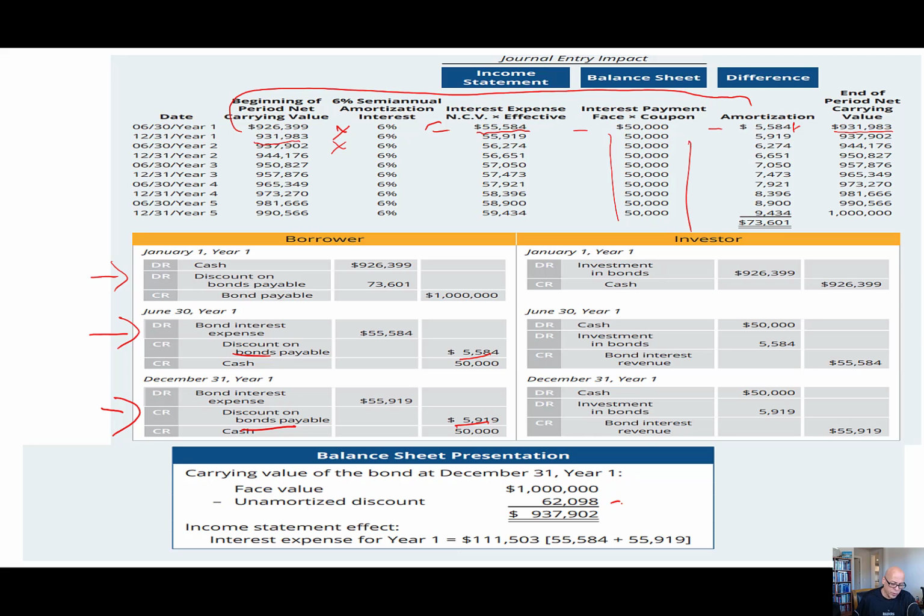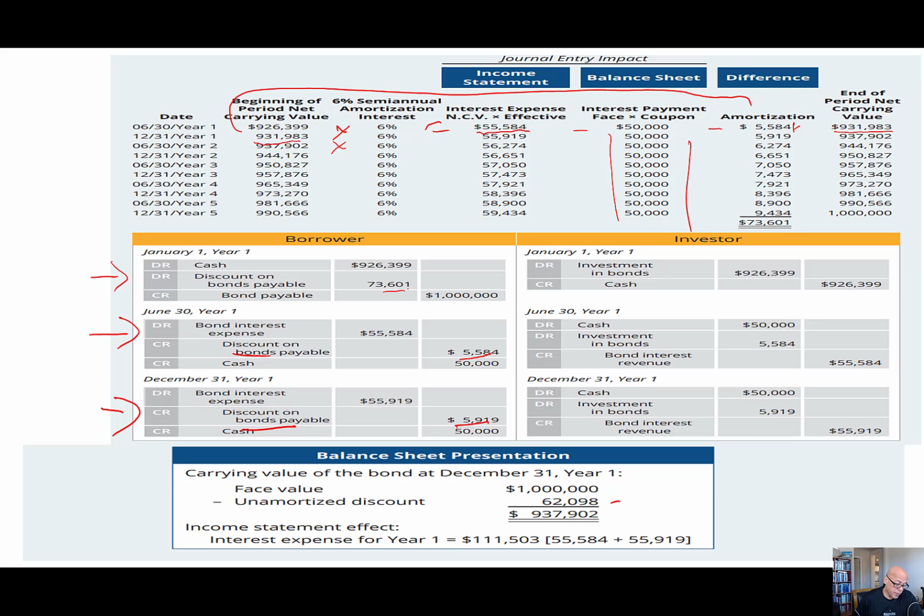Of course, it started out at that 73,600. Here they're calling it 601 for some reason, 605, whatever. I'm not going to worry about $4, okay? But whatever that initial amortization was, as that gets amortized down, the carrying value of the bond comes up.